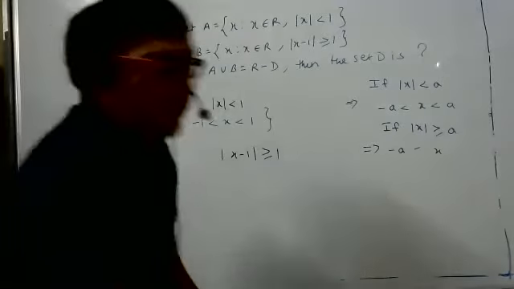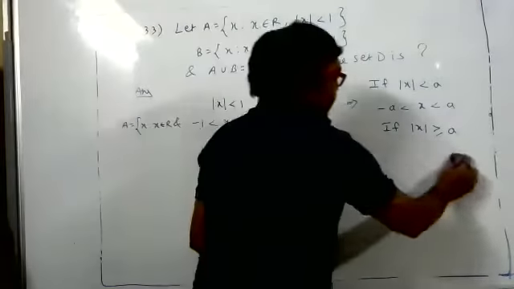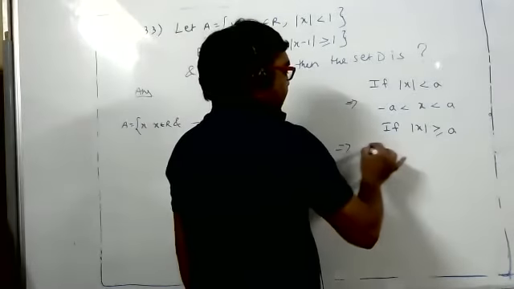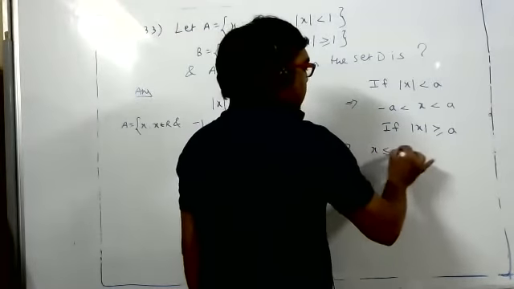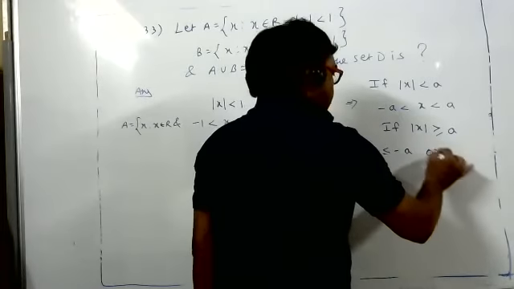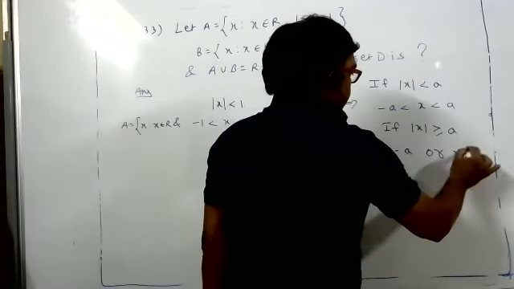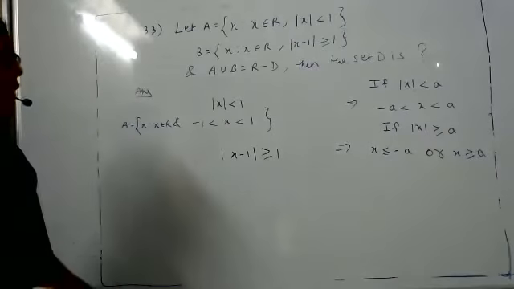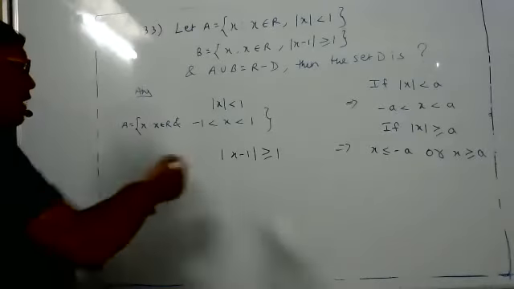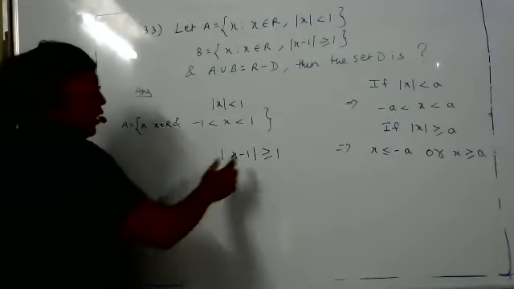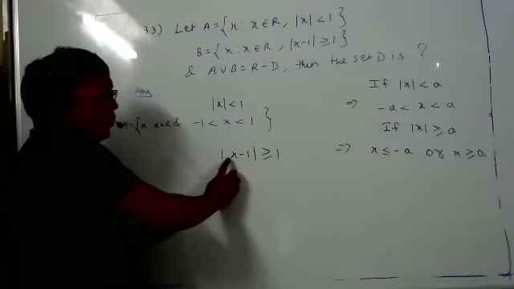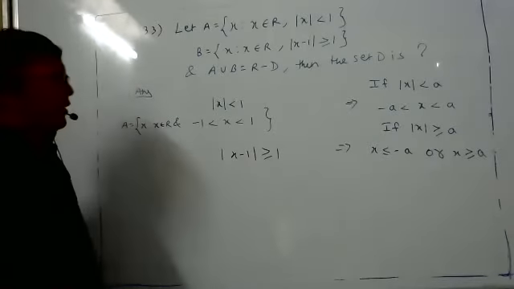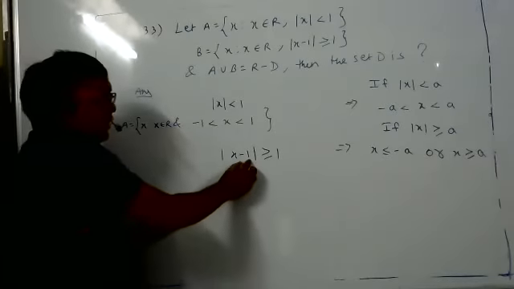We can conclude that X is less than or equal to minus A, or, meaning union, X is greater than or equal to A. This is the conclusion. Same logic: instead of mod X they have given mod X minus 1. So you are intelligent enough to understand X minus 1 will act like X.